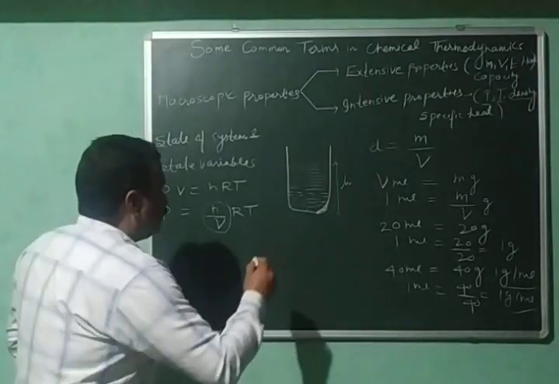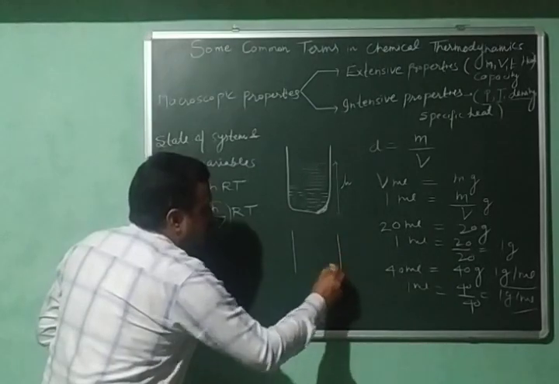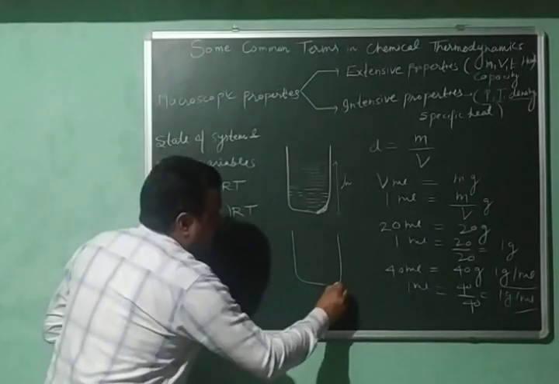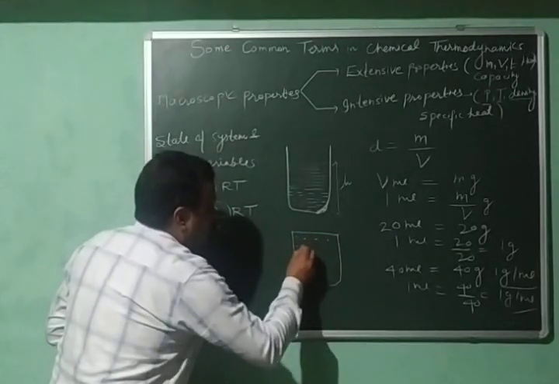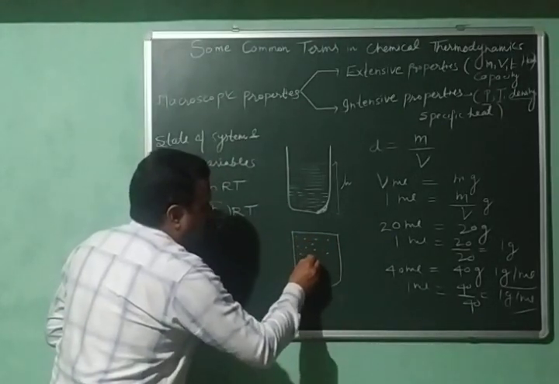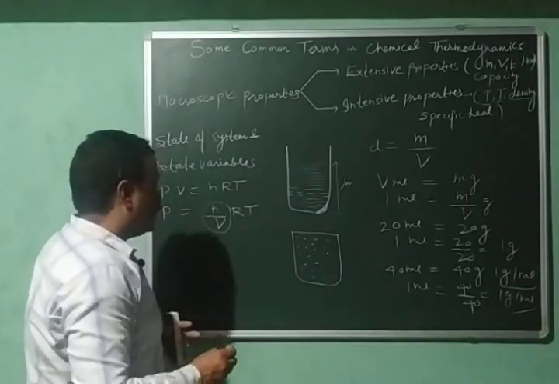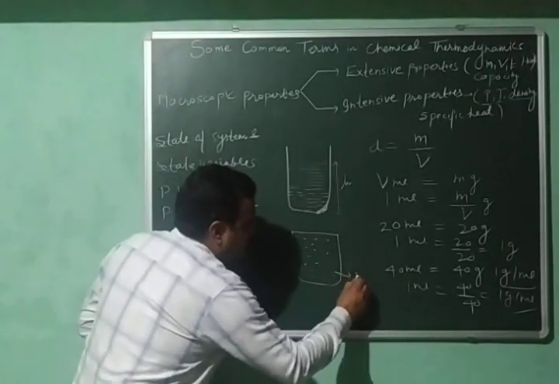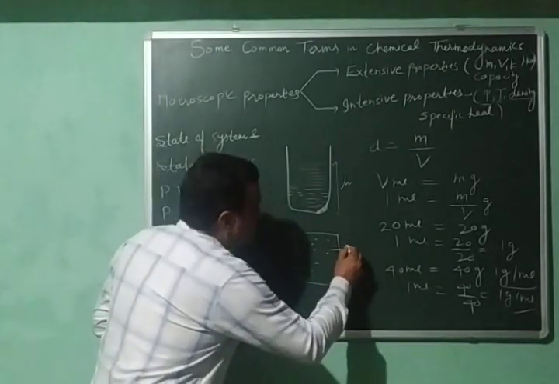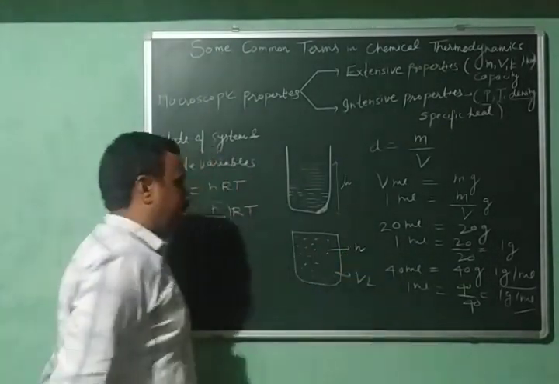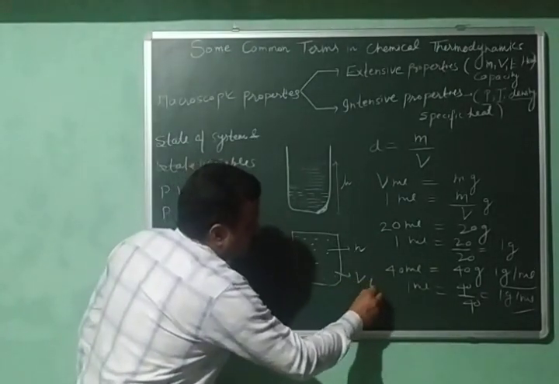Okay, now I have a gas contained in this container, and the volume of this gas is V liters and the number of moles of gas is equal to n.